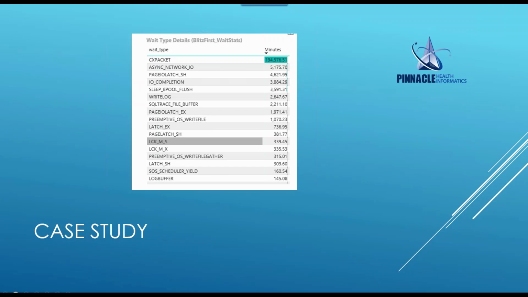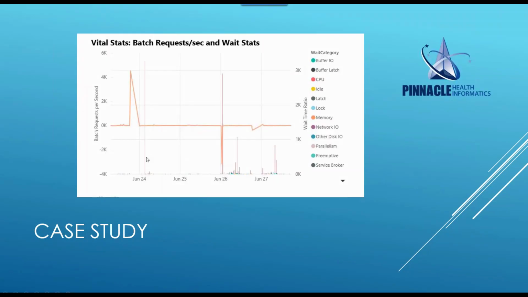Okay, so this is another screen. This is another section of the dashboard. We're looking at batch requests per second, and you can see it's almost at 0, and then it boosts way high, and then it drops, and then it's really low. And when it drops to less than 0, what that means is you have processor cores that are not doing anything, and apparently it registers kind of negative values, they're so idle.